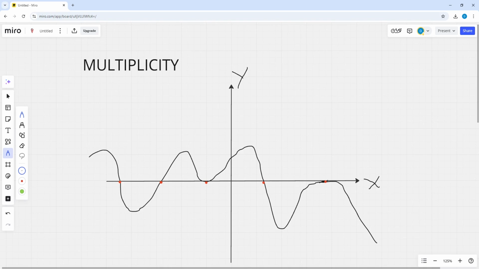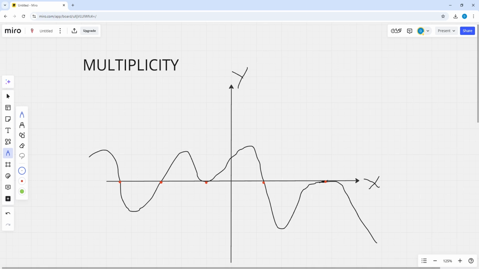And as you can see, at some of these red dots, it crosses across that x line, but at other dots, it touches and it turns. So the first two dots, for example, cross, and then the next dot touches and turns. Then it crosses, and the last dot, the graph touches and turns.